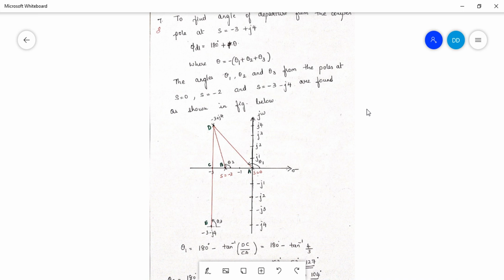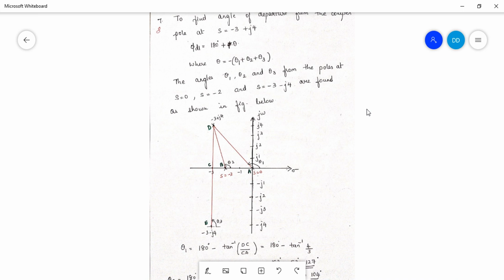We will be using the formula for the angle of departure, phi d1, where 1 is because I have two complex poles. The first one I will denote by phi d1. It is equal to 180 degrees plus theta.